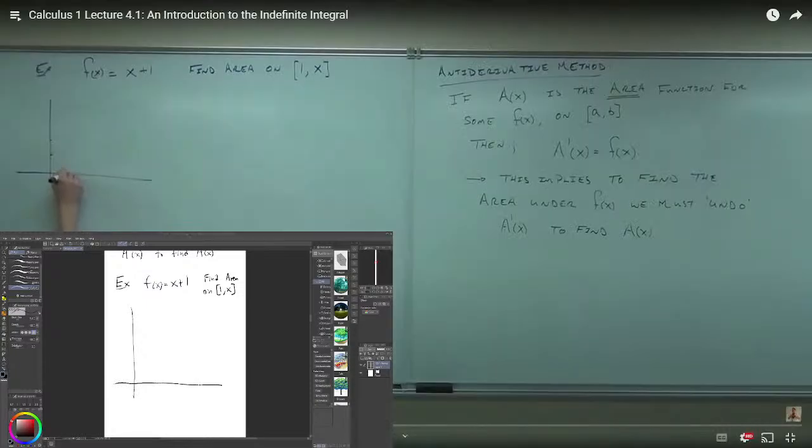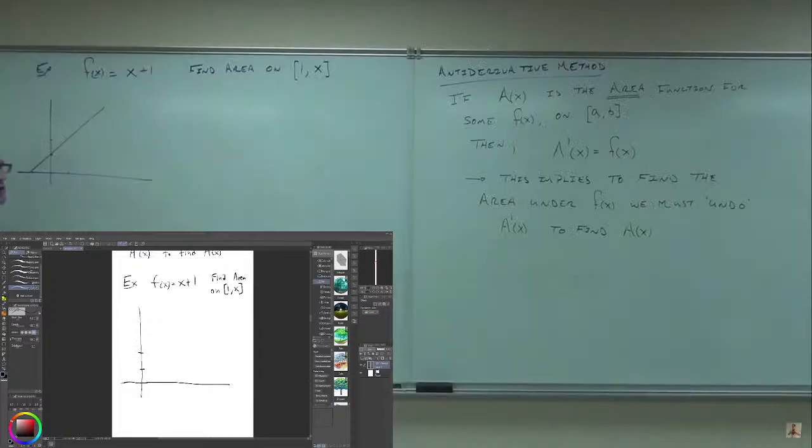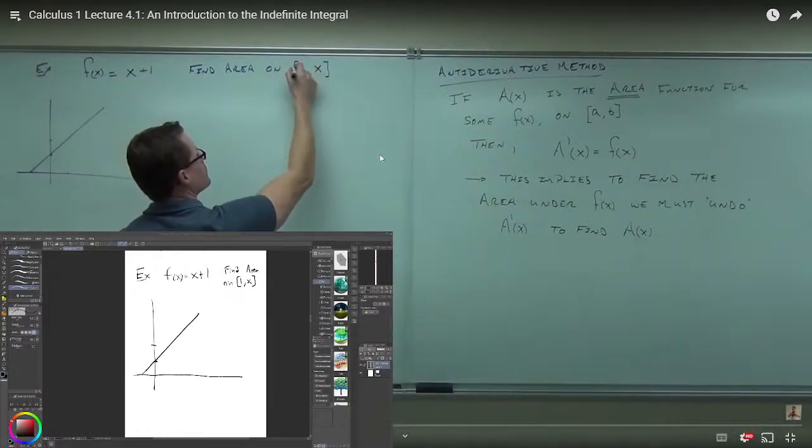First off, can you graph this? What's your y-intercept? What's your slope? Would you agree that that is your function? We're trying to find the area of that between, what did I say, -1? Oh, you know what? I want -1.